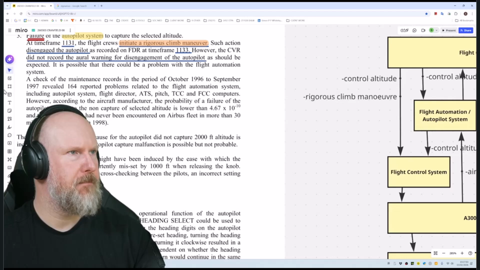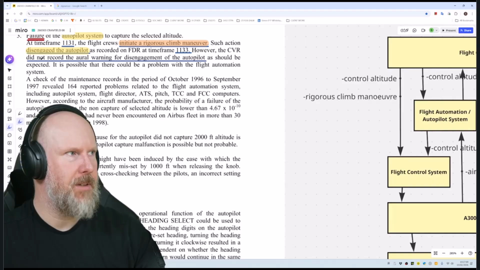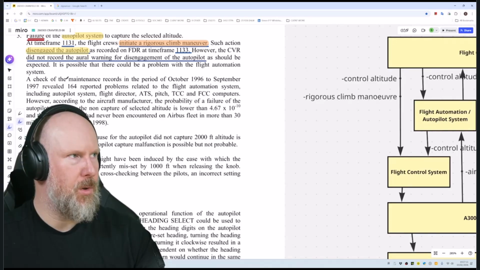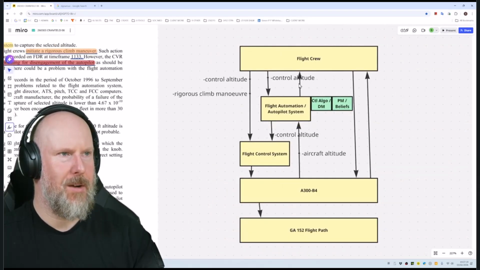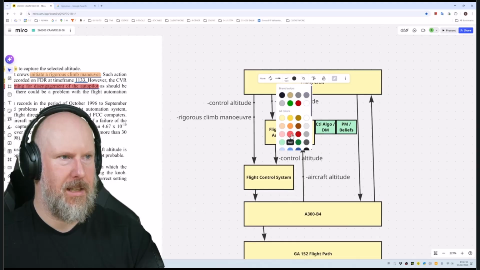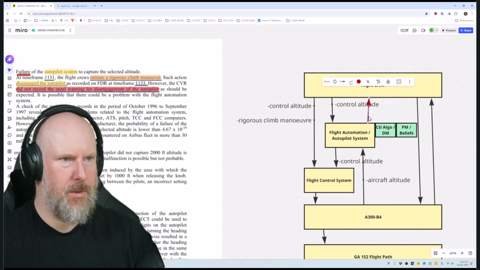So disengage the autopilot. However, the CVR did not record the oral warning for disengagement of the autopilot as should be expected. So that would be this feedback here. Why was this feedback not provided? So this is the, what do they call it? The oral warning.